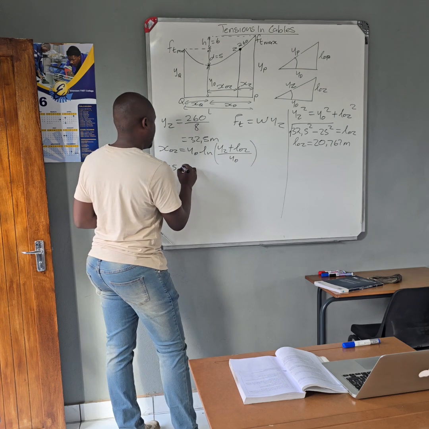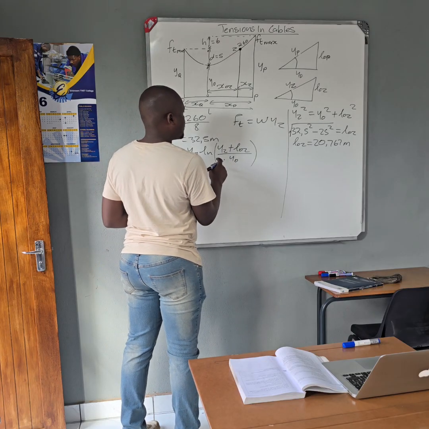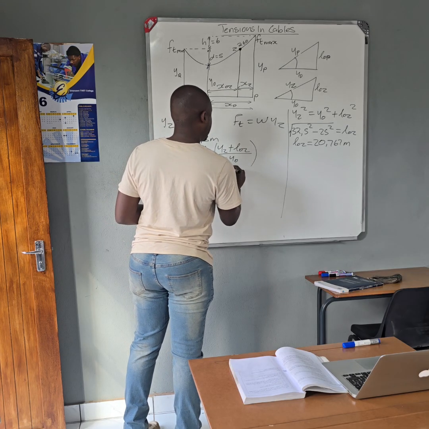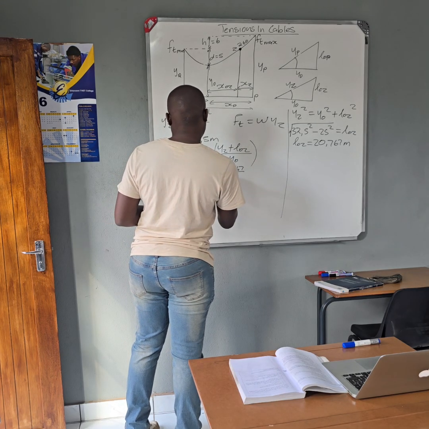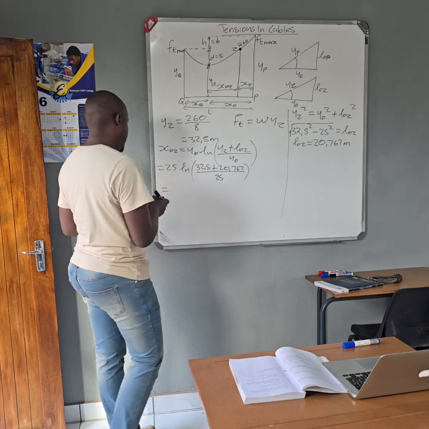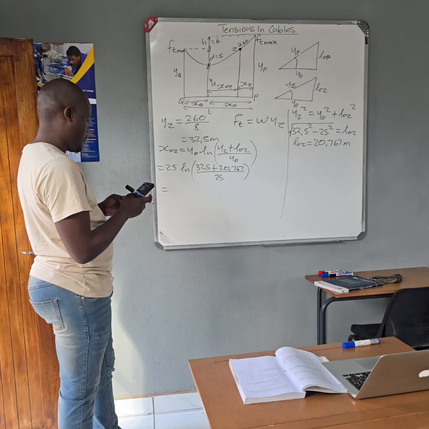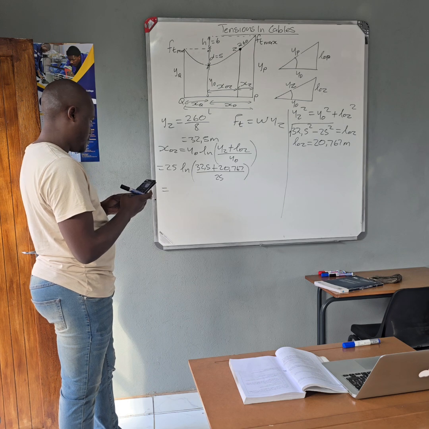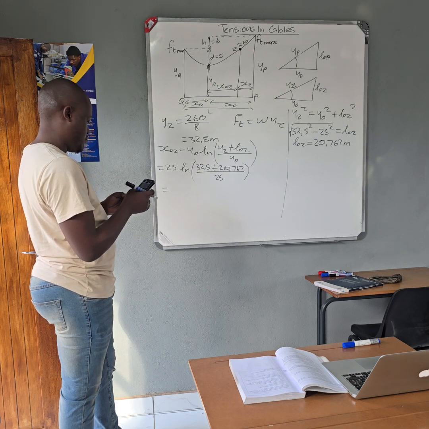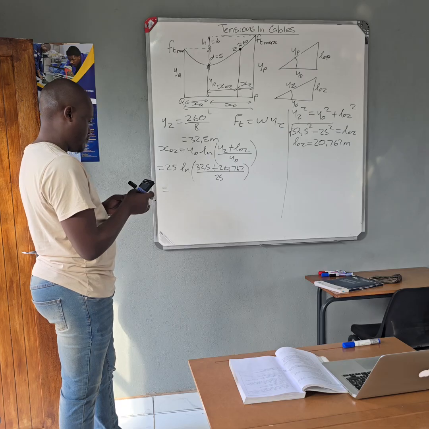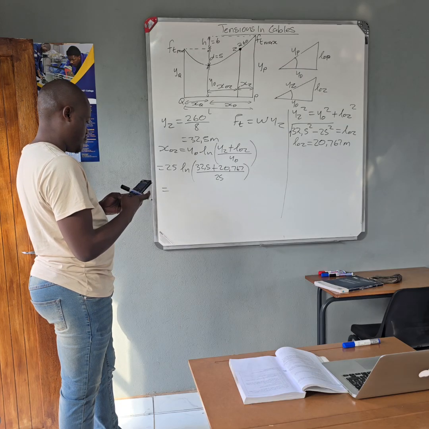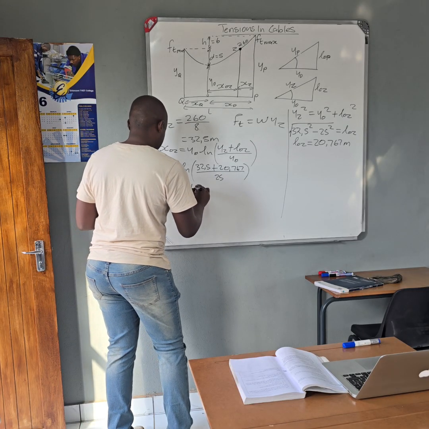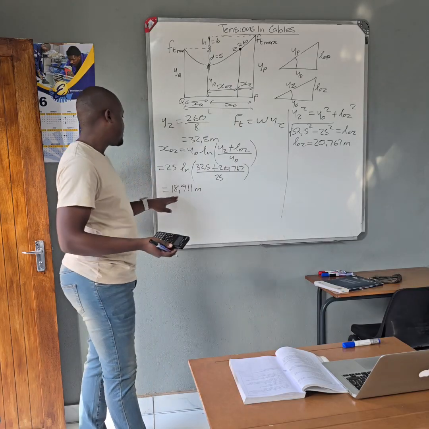YO is 25, in of YZ is 32.5 plus LOZ 20.767, all this divided by 25. Then here we are getting 18.911 meters.